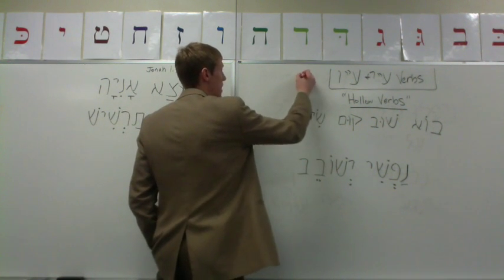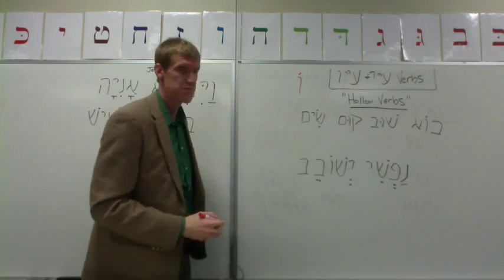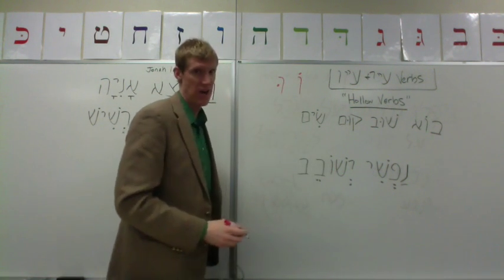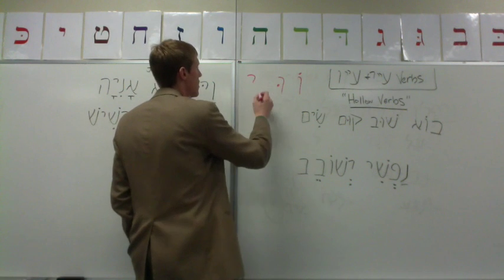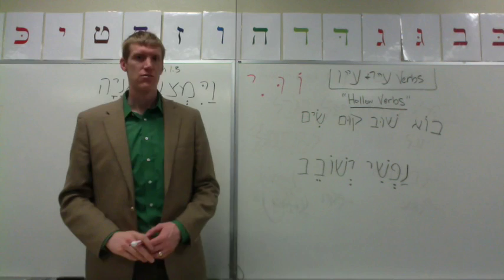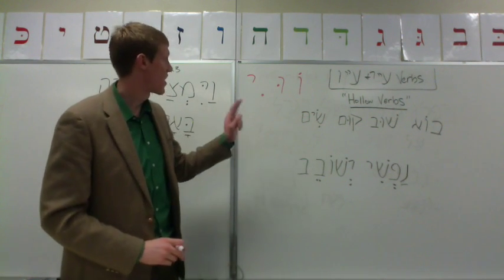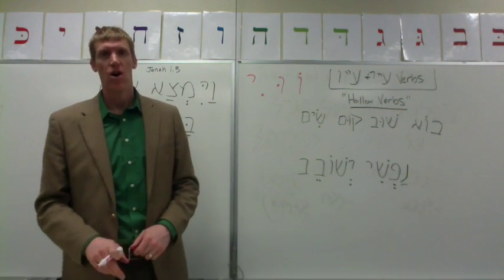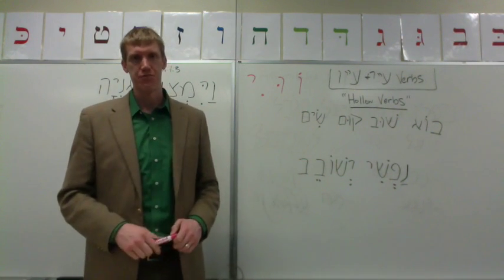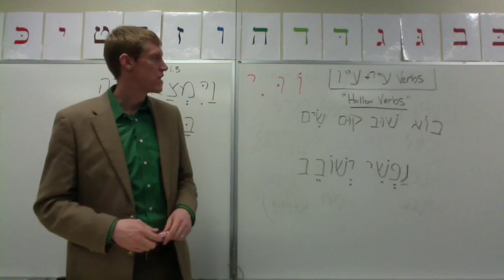It can either be a holem vav, or a shurek vav, or a hirek yod. Holem vav, shurek vav, or hirek yod are the three options for the middle root letter or vowel.